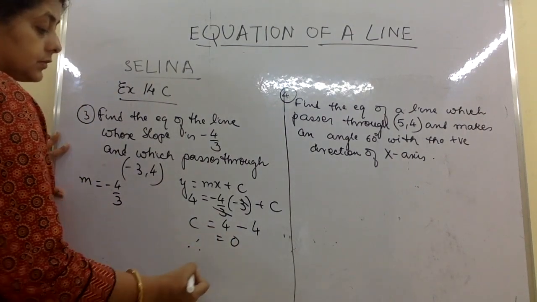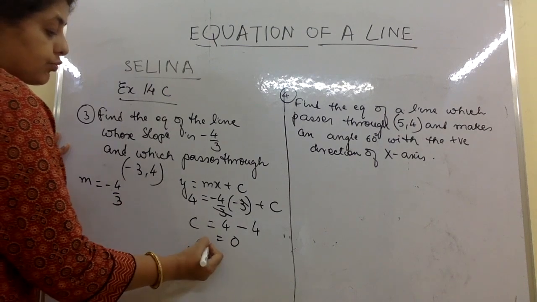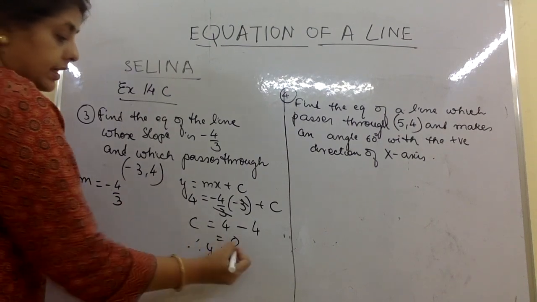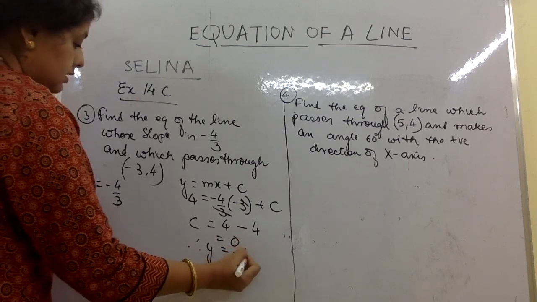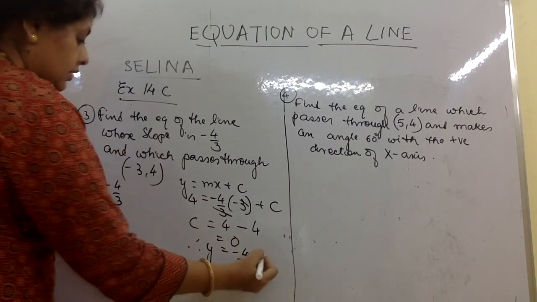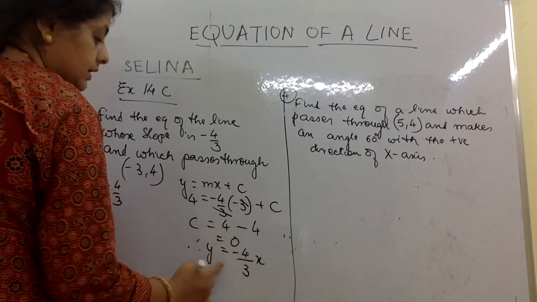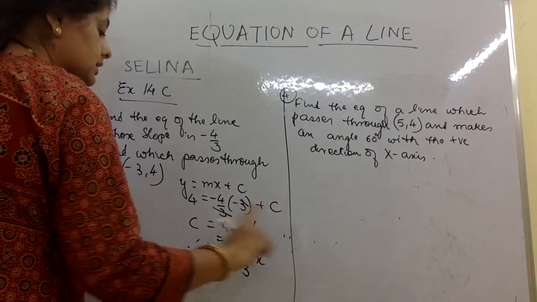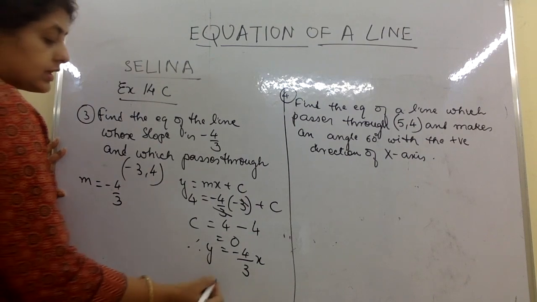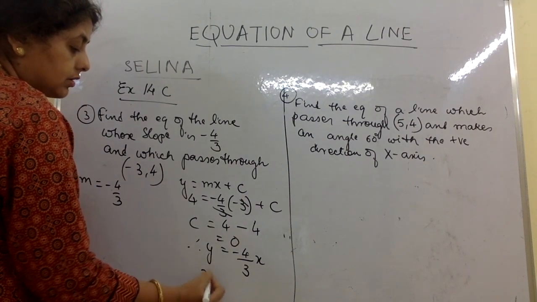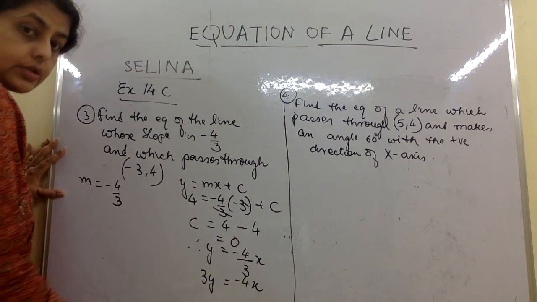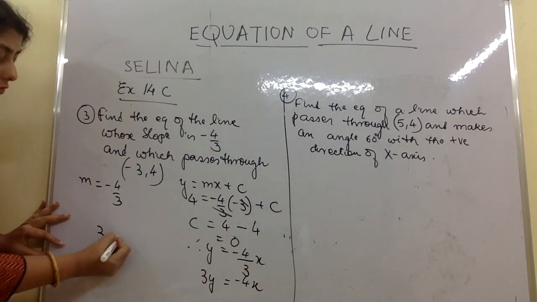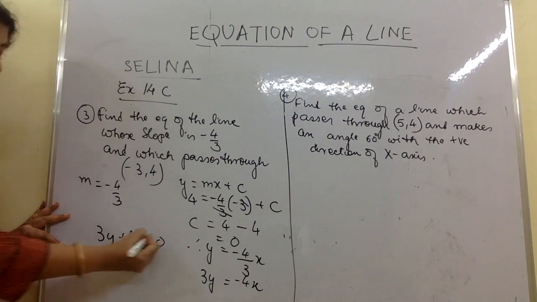Therefore, my equation becomes y is equal to -4/3 x plus 0. So 3y is equal to -4x, isn't it? So my equation is 3y plus 4x is equal to 0.